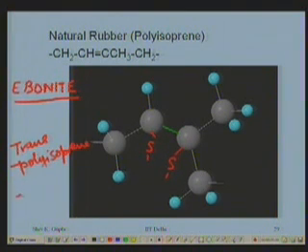That material, the trans polyisoprene, I think they name it gutta percha. It's a rigid kind of material. But this is rubber when it is in this form, which is the cis form.